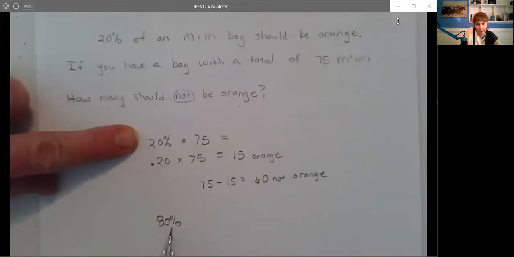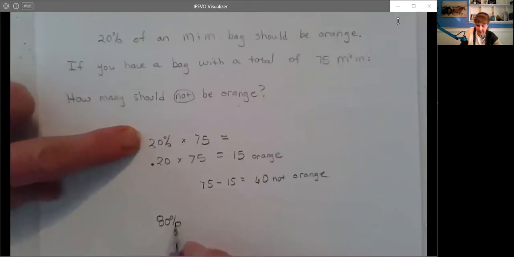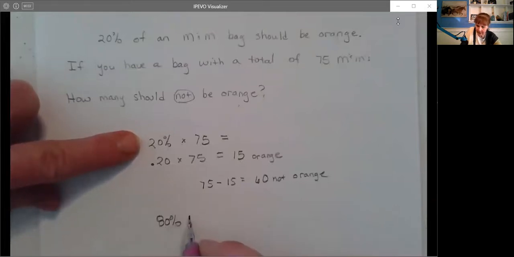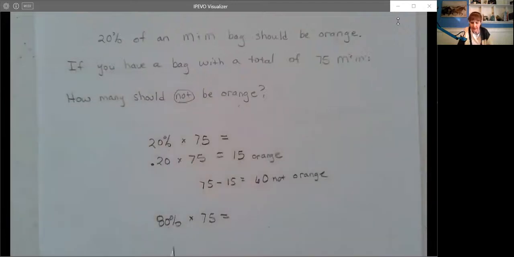So I changed my percentage to match what I wanted as an answer. So 80%, because they add up to 100% of the bag. So 80% times 75, since this is not orange, this answer will be not orange.